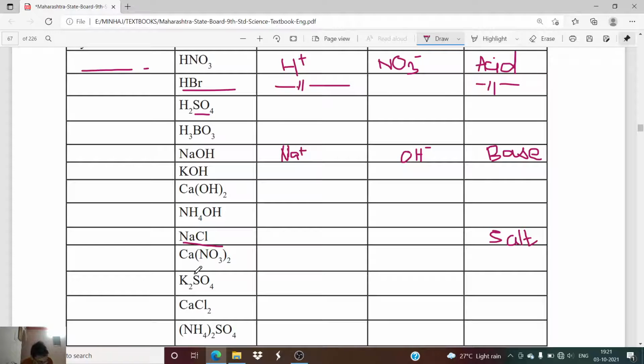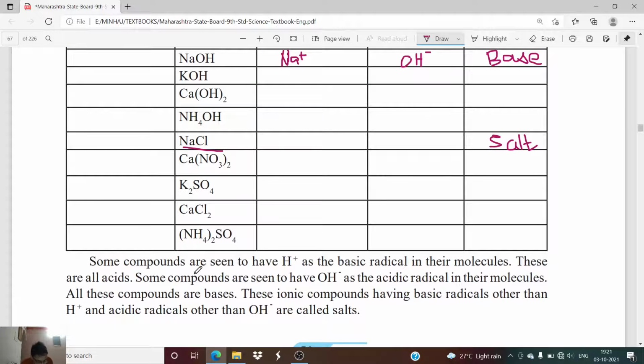K2 plus basic radical, SO4 minus acidic radical, and it is also a salt. Calcium chloride, Ca plus is the basic radical, Cl2 minus is the acidic radical, and it is also a salt. Then (NH4)2SO4, that is ammonium sulfate, where NH4 twice is the basic radical and SO4 is the acidic radical, and it is also a salt.